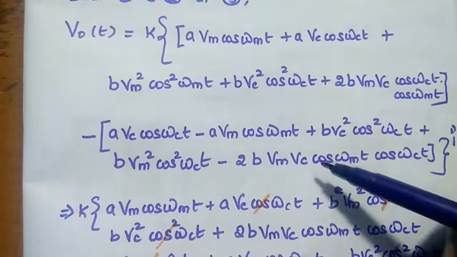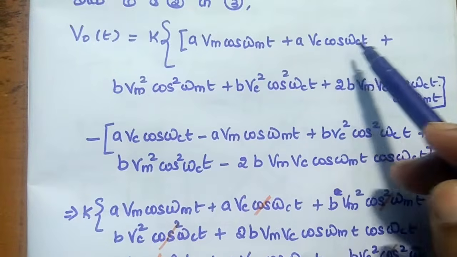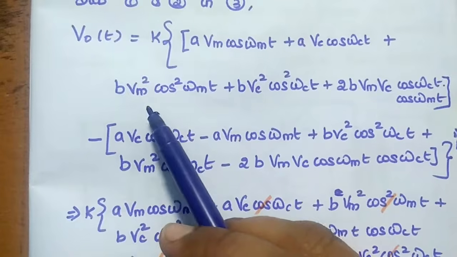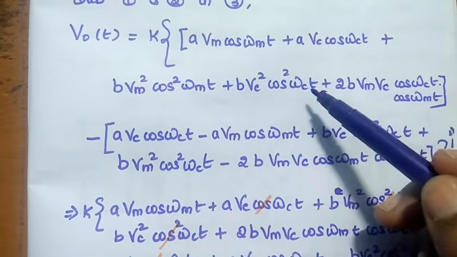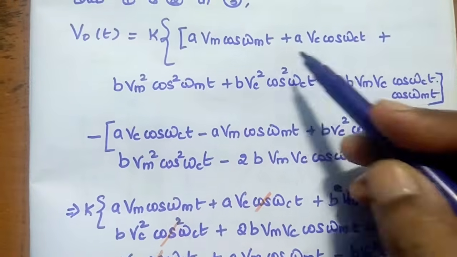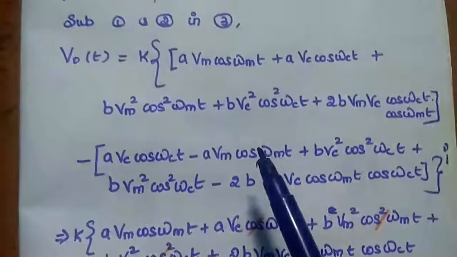Here it is IC2. So A Vm cos omega mt plus A Vc cos omega ct plus B Vm squared cos squared omega mt plus B Vc squared cos squared omega ct plus 2B Vm Vc cos omega ct cos omega mt. So this all is the IC1. Minus IC2, this is the formula, right? IC1 minus IC2.